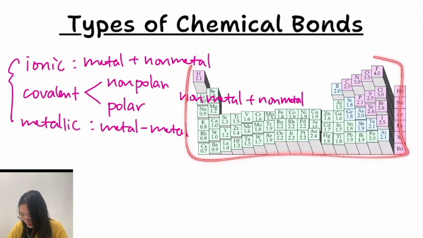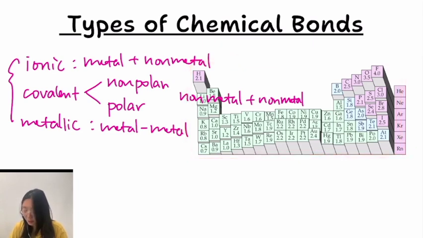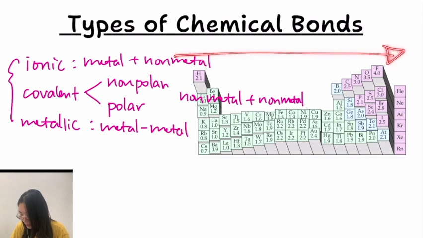This is the periodic trend of electronegativity that we went over in Unit 1. The trend is that when you go from left to right across the periodic table, electronegativity usually increases because the effective nuclear charge increases. So the nucleus exerts a greater attraction toward the shared electrons.